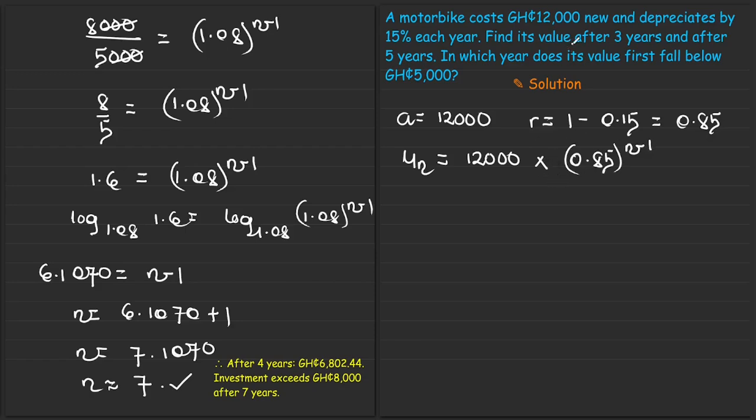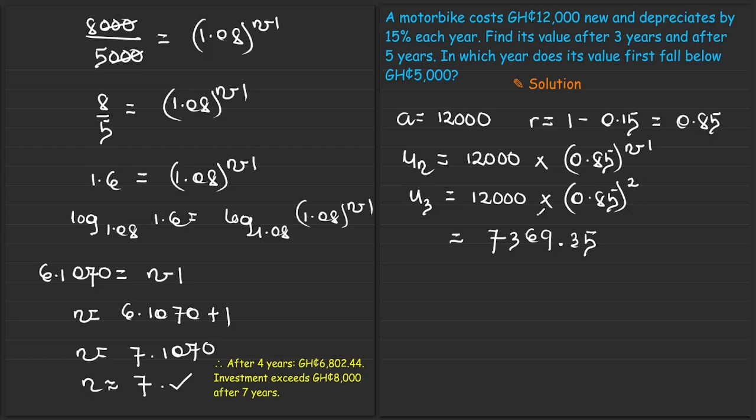So with that, it says we have to find the value after 3 years. That is U3. U3 is just going to be 12,000 times 0.85 to the power, since it is 3, 3 minus 1, which is a 2. Evaluating this gives us 7,369.35.